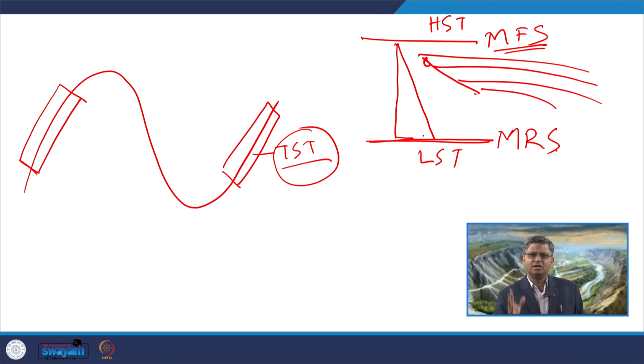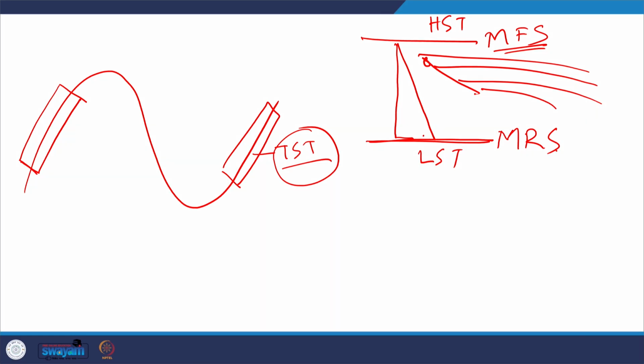In this lecture and also in the following lectures, we will discuss different aspects of the transgressive systems tract in detail. The rate of creation of accommodation during this phase of transgression is at its highest, because the shoreline is moving towards the land due to the rising base level. If you look at the base level curve, its gradient is maximum.